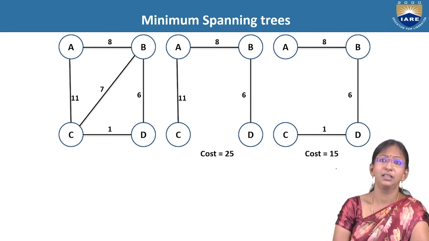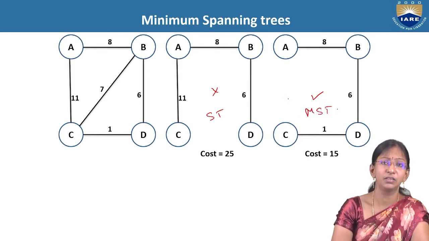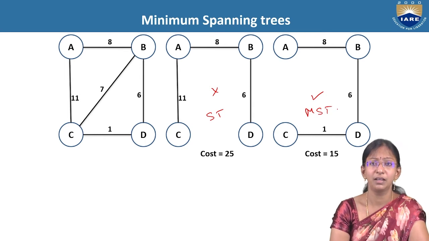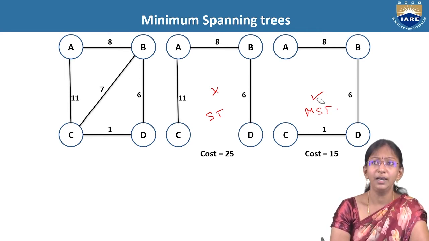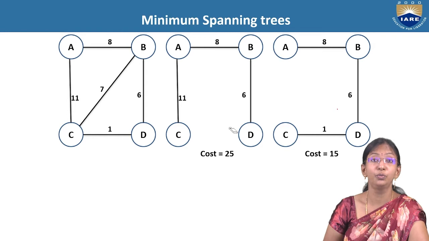Now you can say that this is the minimum spanning tree which I have framed. Yes, both are spanning trees, no doubt in it. But the first one is just a spanning tree, whereas the second one is a minimum spanning tree. So try with the remaining combinations. Guys, don't create new edges and introduce new weights.